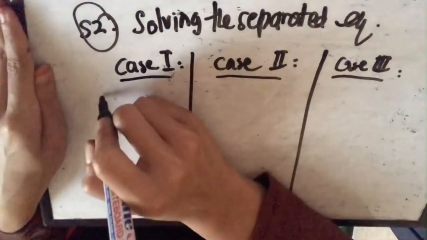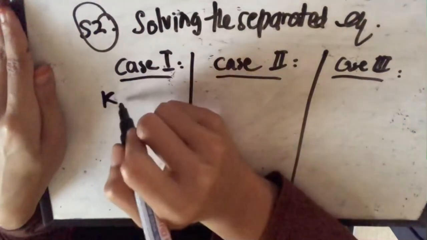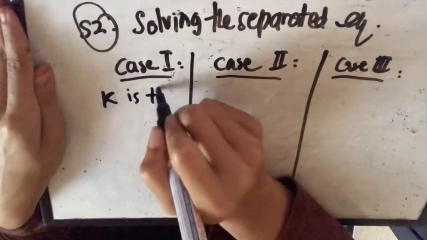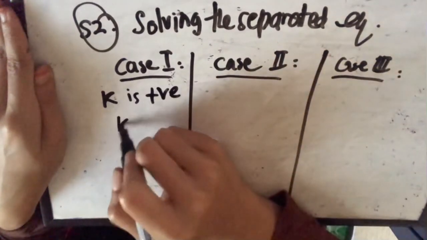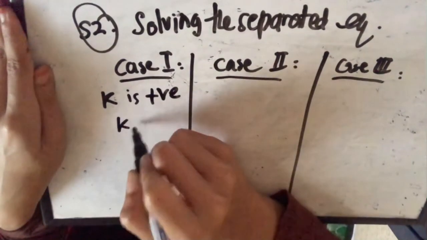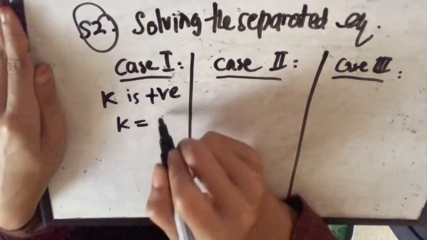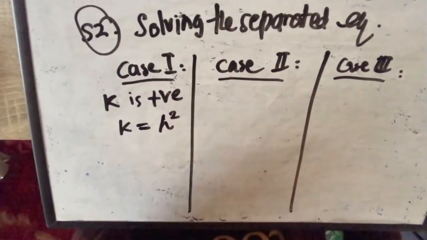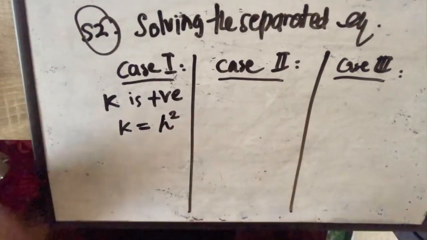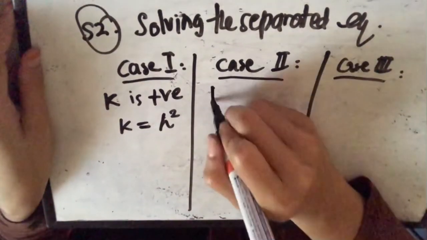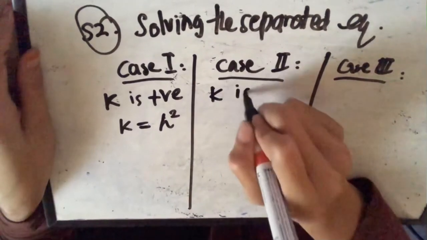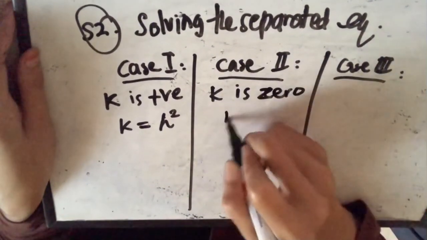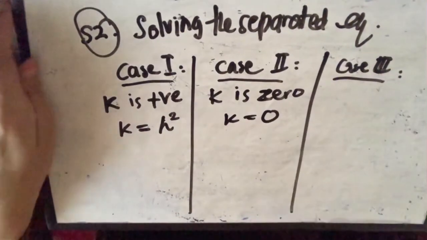Case 1 means your k is positive, or if you want to write it, k is equal to lambda square. Lambda square represents a positive. Case number 2 is when your k is 0, so you can write k is equal to 0.